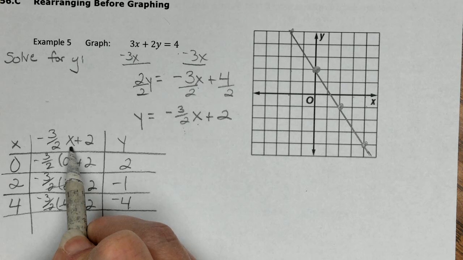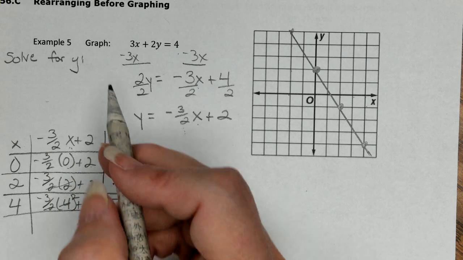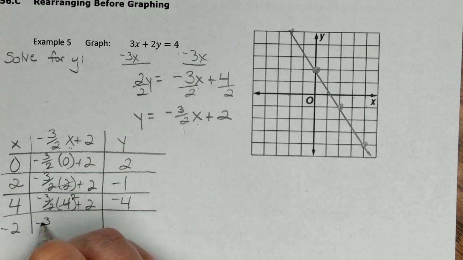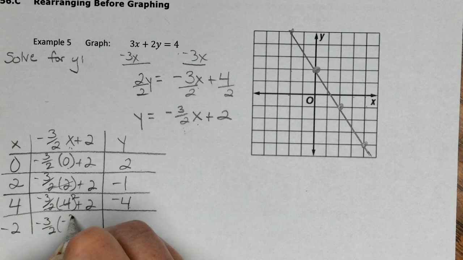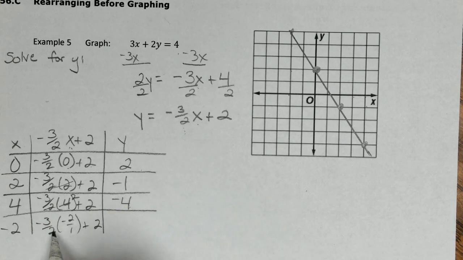So negative 2, that's working. I'll just show you. Negative 3 halves times negative 2, which I'm going to put over 1 this time, plus 2. Those 2's cancel. I still have a negative times a negative. That's a positive 3 plus 2 equals 5.